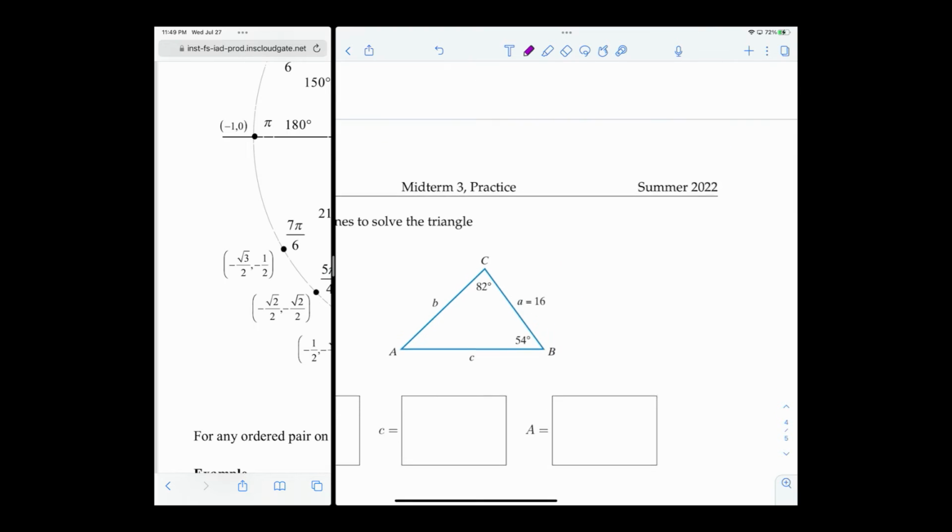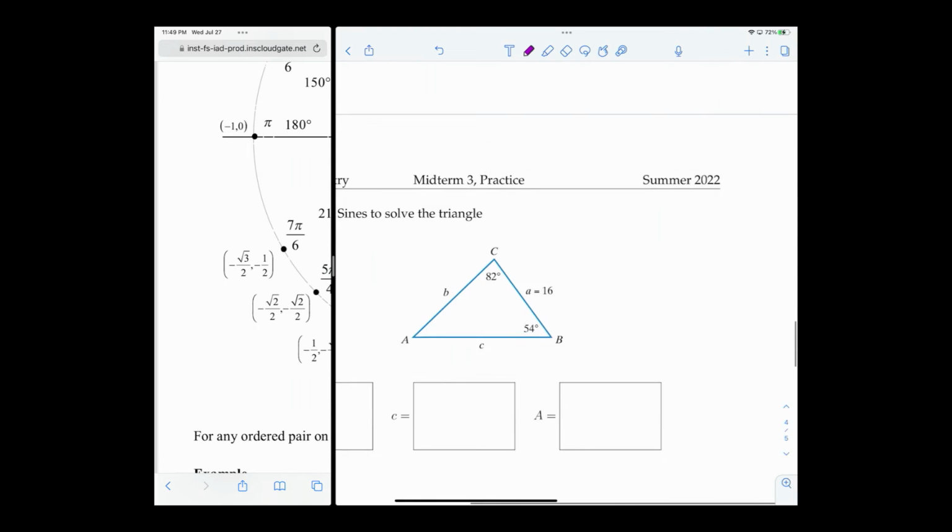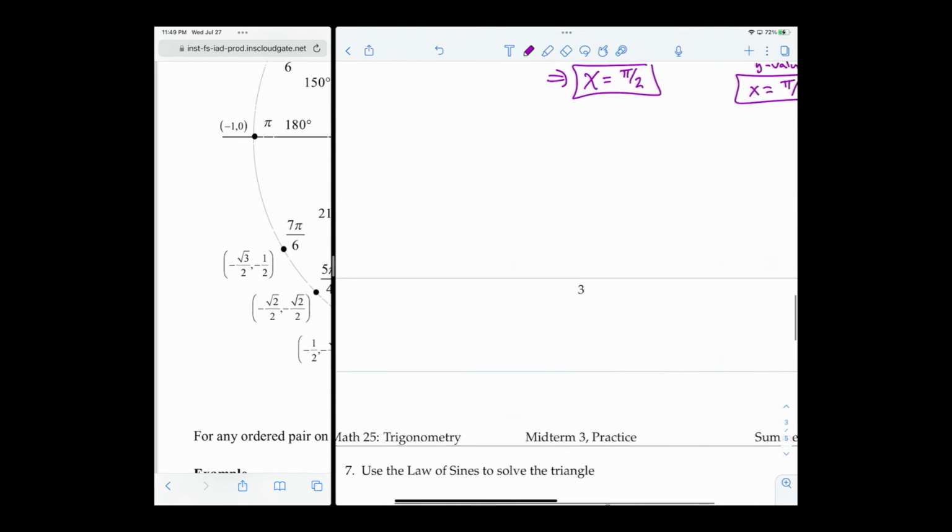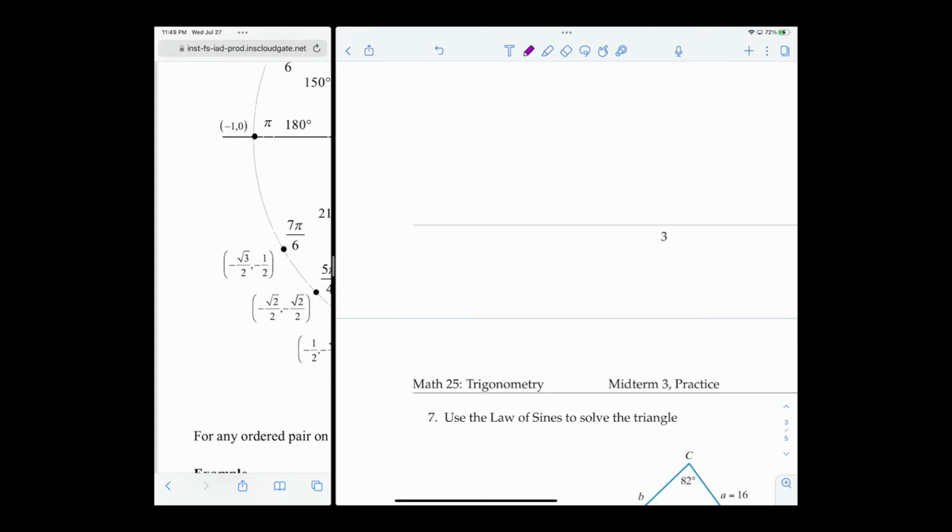But basically, law of sines is like this. Let me see if I can write somewhere. So, law of sines deals with triangles where there is no right angle, typically. So there's just an angle A, an angle B, and an angle C. And none of them are 90 degrees. So your regular trig doesn't work here, right?